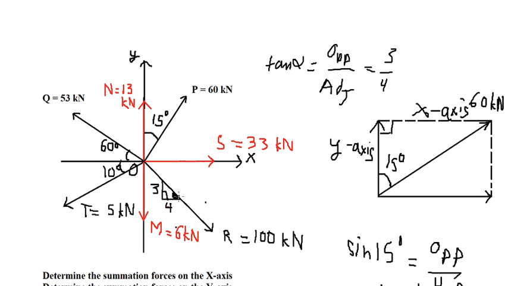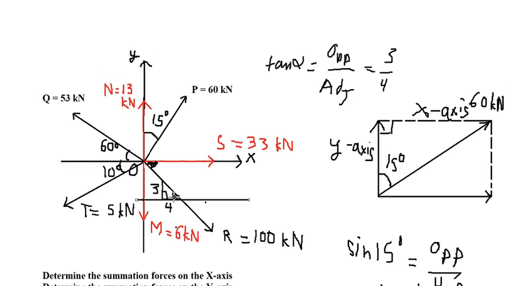This angle in here is similar to this angle in here. Why? Because if we draw the line in here, we can see that they are parallel, and these angles are on opposite sides of the parallel lines.